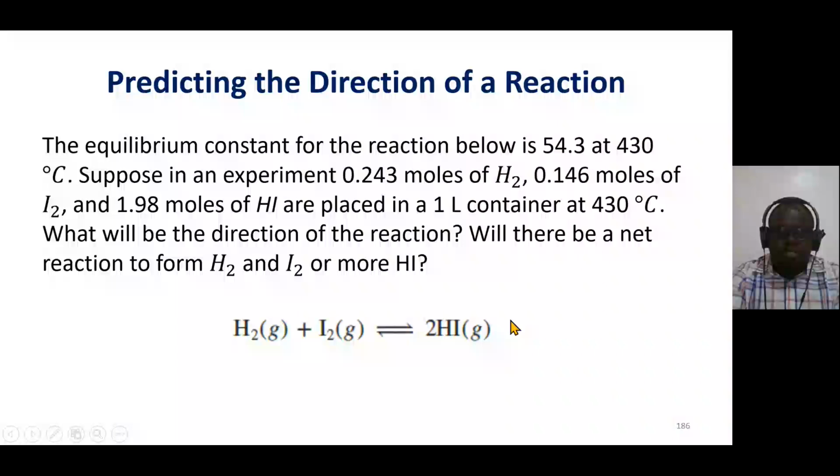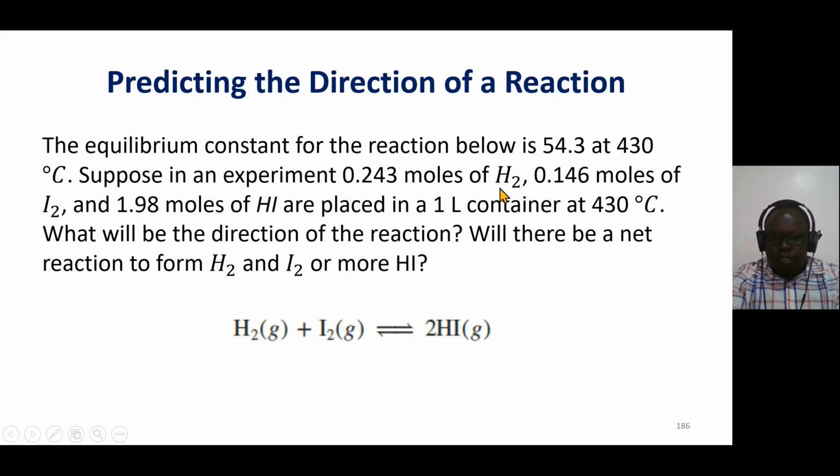Notice in this setup here, all the species are introduced at certain concentrations at the start. You can calculate the initial concentrations using the number of moles that you've been given here, because they are all contained in a 1 liter container.